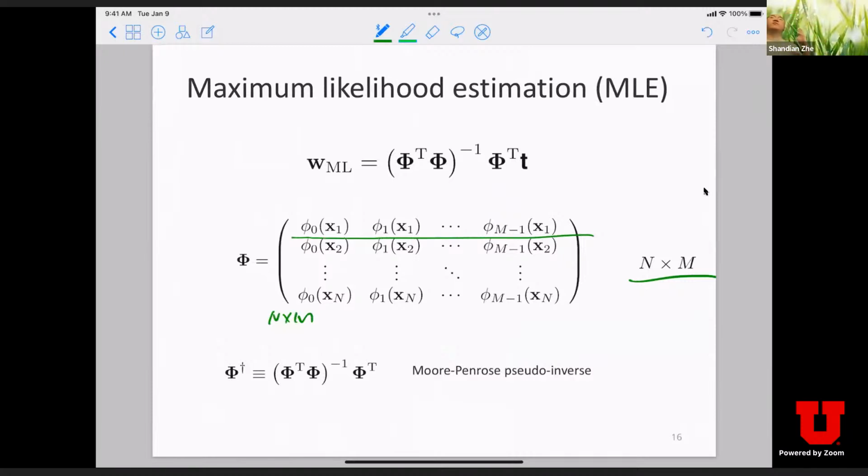We just organize all the transformed features into a matrix, which is n by m.